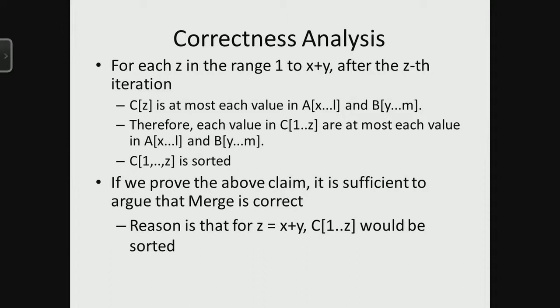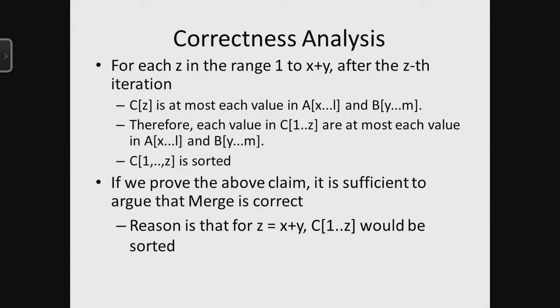Therefore, it follows that all the values in C of 1 to z are at most each value in the array indices x to L in A and the array indices y to m in B. The third property guaranteed by the algorithm is that the array C of 1 to z is sorted, for every z.